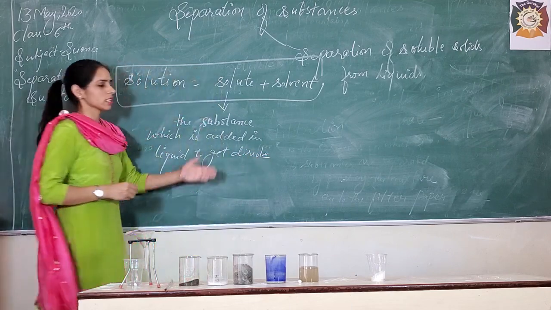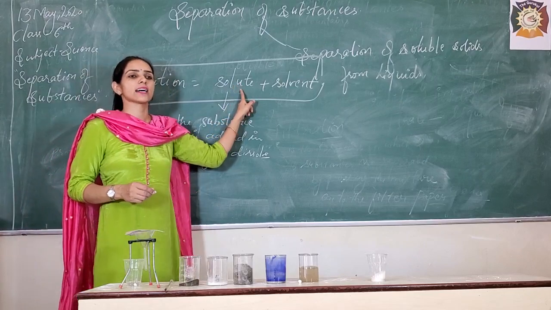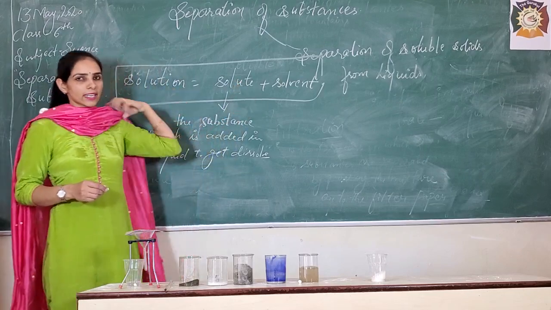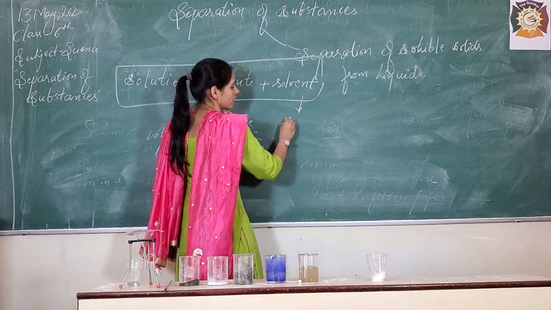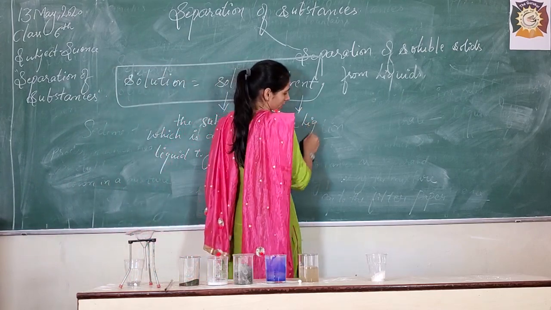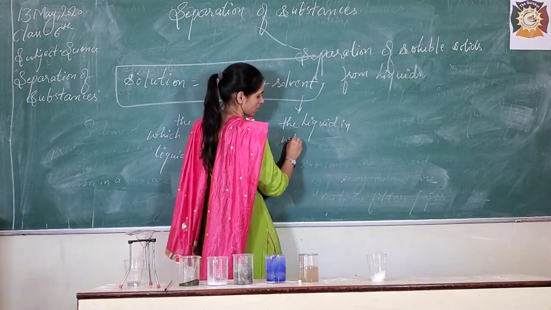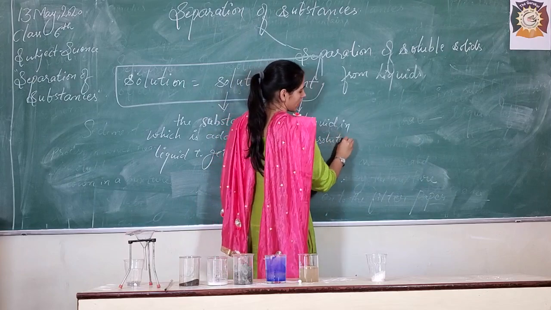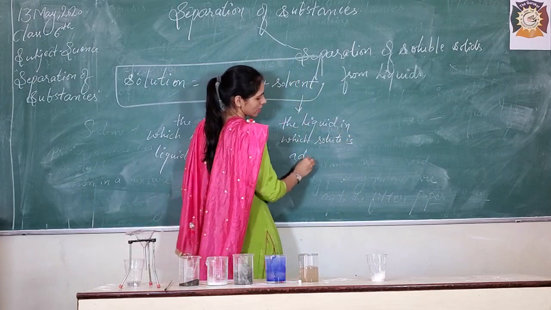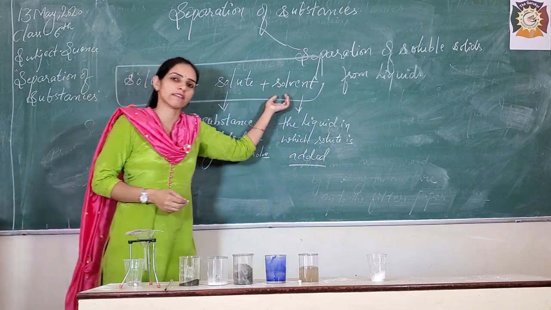Or you can say that the solid substance which dissolves in a liquid is known as solute, right? So next, solvent. What is a solvent? The liquid in which solute is added. That part is known as solvent.